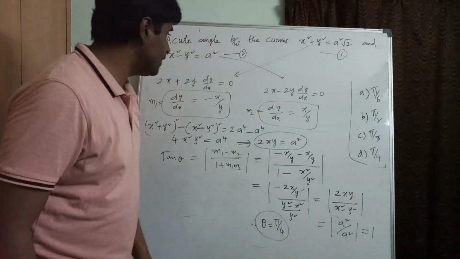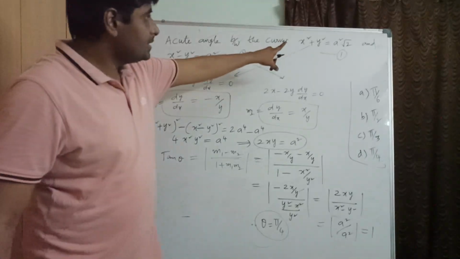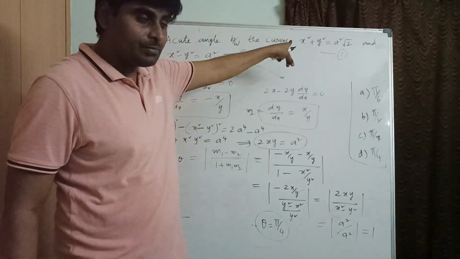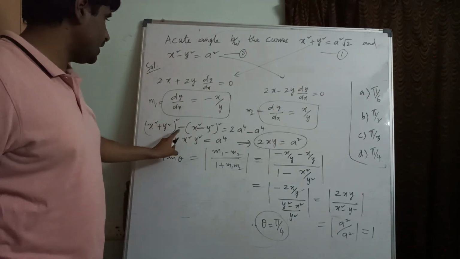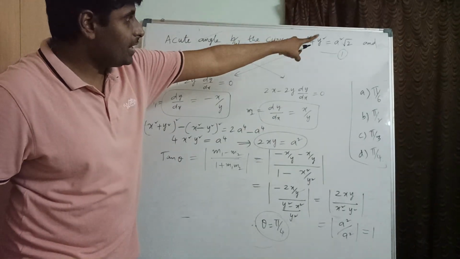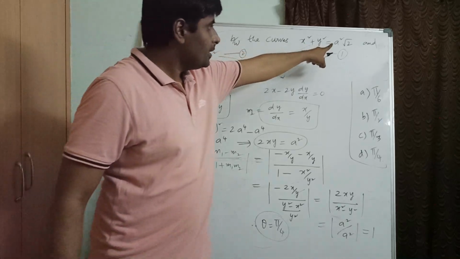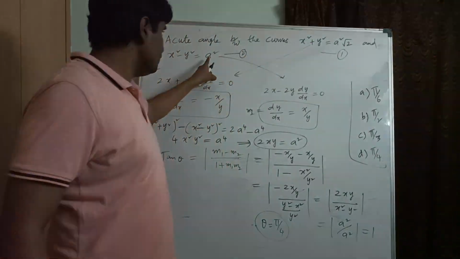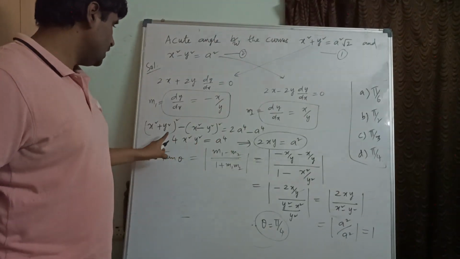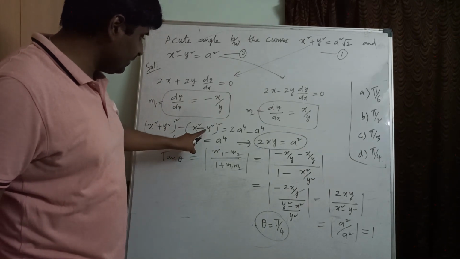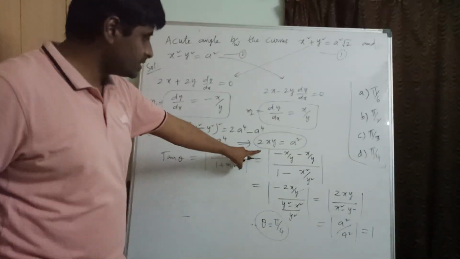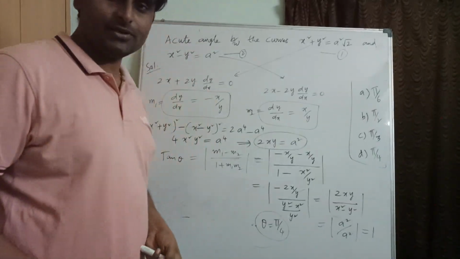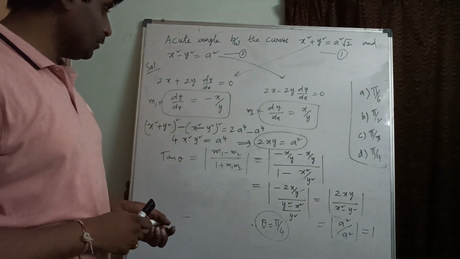But what about 2xy? 2xy I can get by squaring and subtracting: a plus b whole square minus a minus b whole square. That gives 2a power 4 minus a power 4, which is a power 4, and it equals 4ab. From this 2xy gets substituted there. That's it. Well, this is a tricky problem.